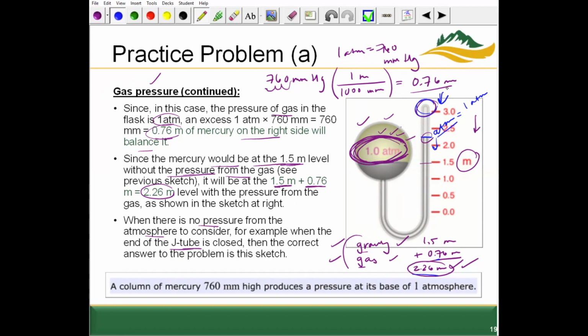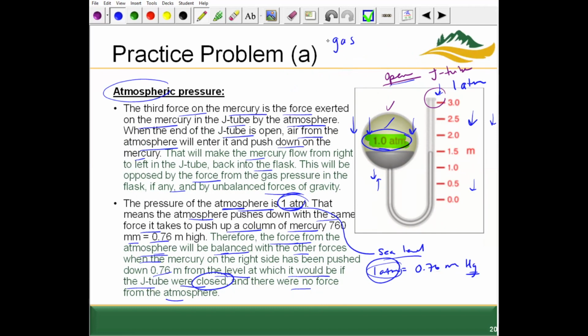In other words, we're only considering ultimately the pressure from gravity for our open tube, because the pressure from the gas and the pressure from the atmosphere are actually the same, so they're balanced. So the pressure from the gas, 1 atmosphere, balances out with the atmospheric pressure, that's also at 1 atmosphere.